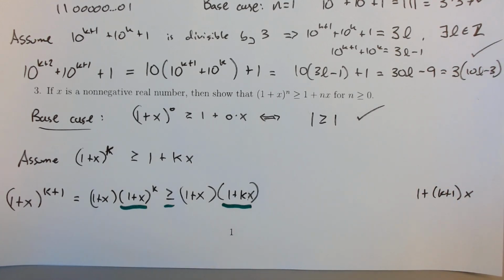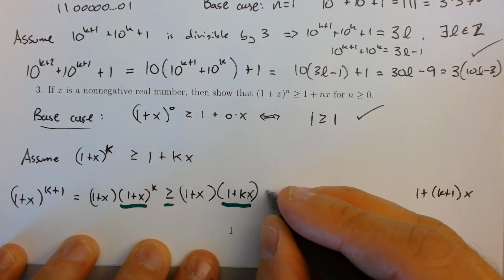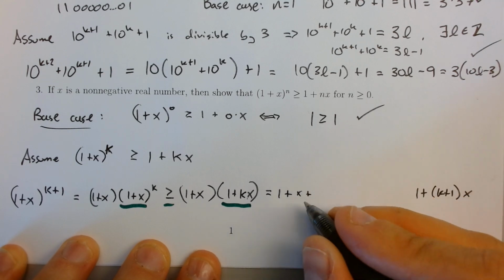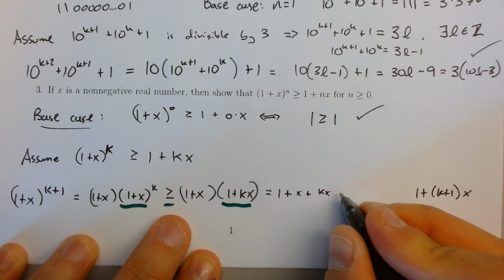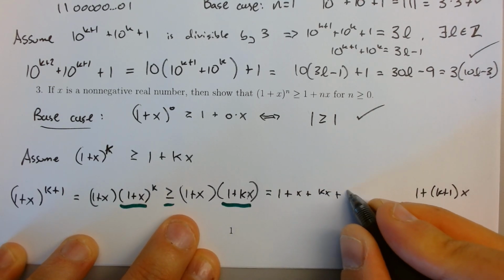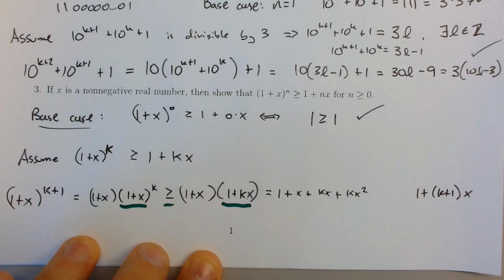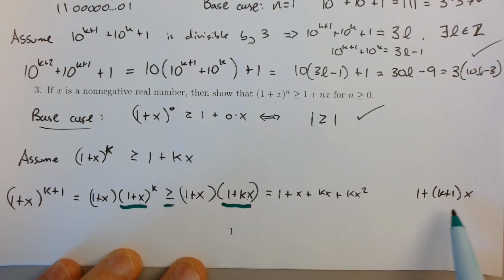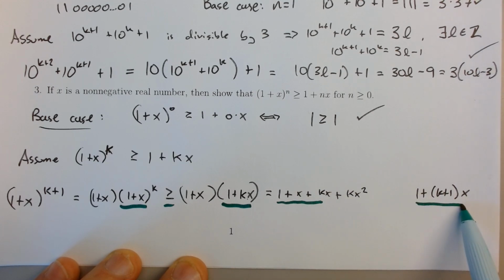Let's multiply this out. So I have 1 plus x plus kx plus kx squared. So that's just an equals to. Now I actually see that if I were to multiply this out, I'd have 1 plus kx plus x. That's these three terms here. So these are already equal.